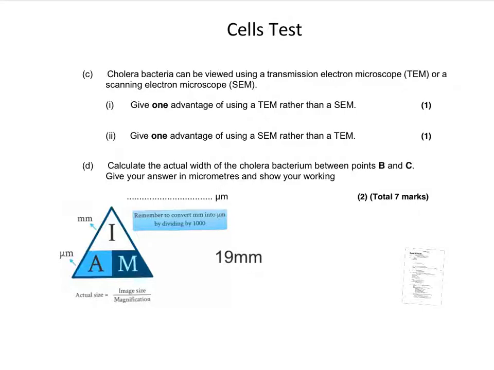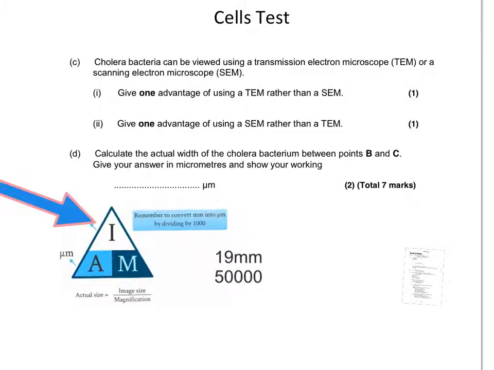Okay, so 19 millimeters, and that's between, sorry, not A and B, B and C. And then it does say in the question, in the first part of the stem of the question, it tells you the magnification, and the magnification is basically 50,000.